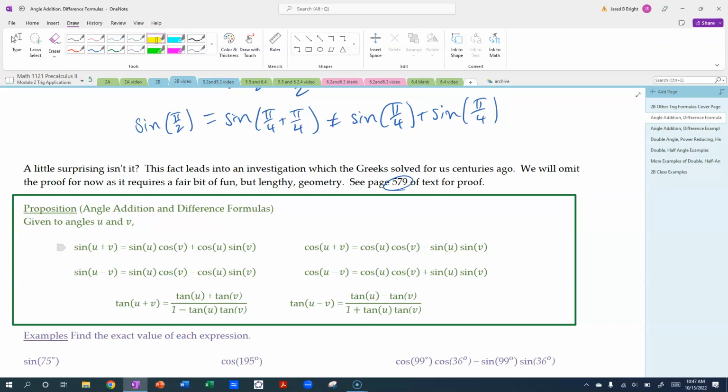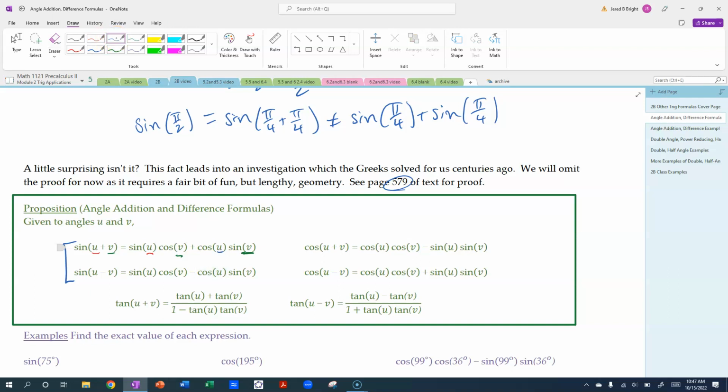So notice that these first two deal with sine. As we analyze them, it says sine of u plus v is equal to sine of u, so sine of the first angle, times cosine v, and then plus. In the second term, it is now cosine of u and then sine of v.